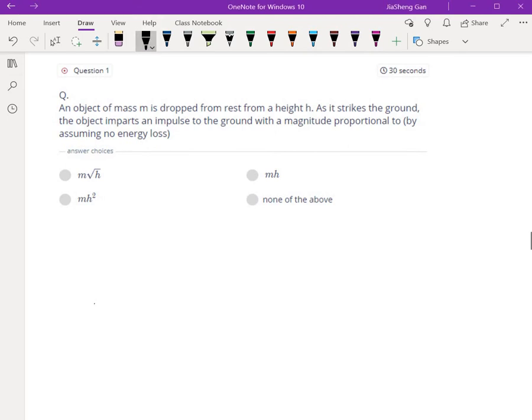If you see the words drop from rest, it means it starts with u equals 0 m/s, from a height h.